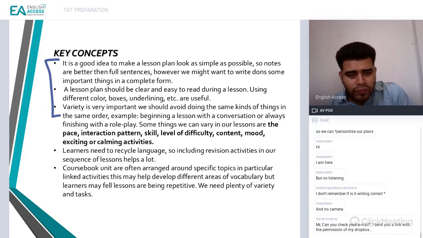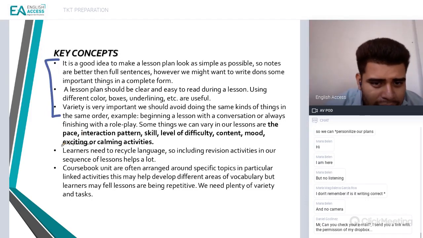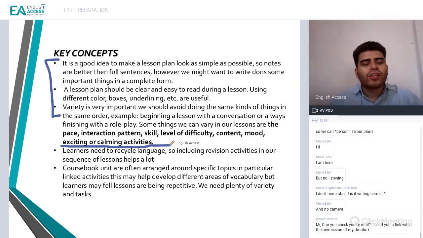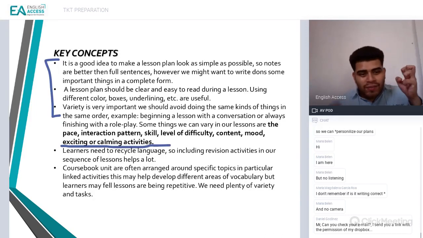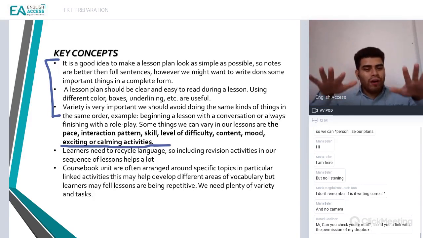Well, just like you have here, let me underline this. Exciting or calming activities. Just like you have those really fun activities when you are working in pairs or on teams, sometimes the class gets really excited and you have to find a way to calm down your class.